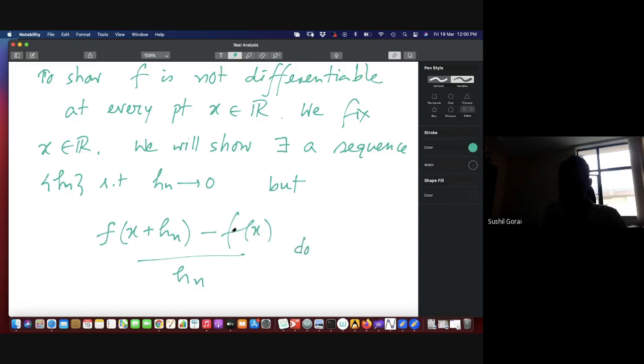Well, at some point it will be 0, so the limit does not exist. Something like that. So this is what we need to show.